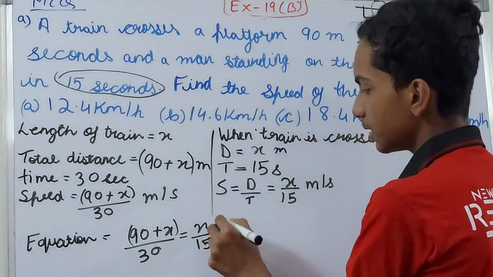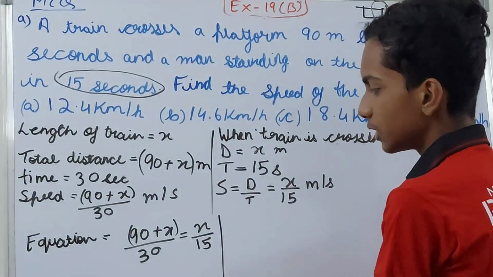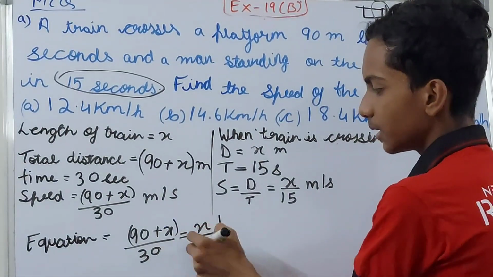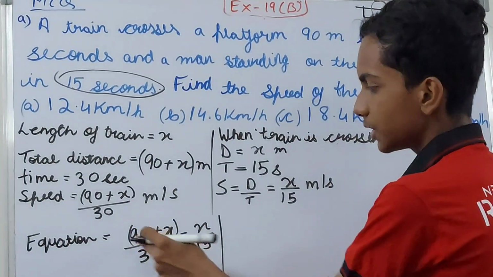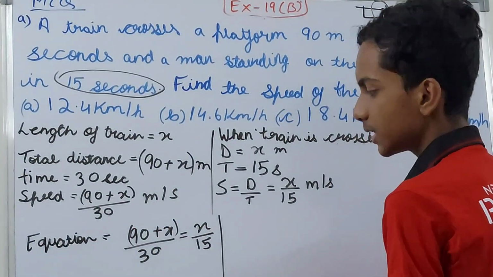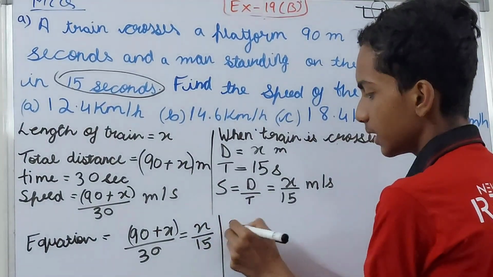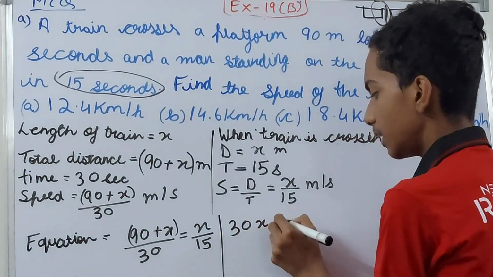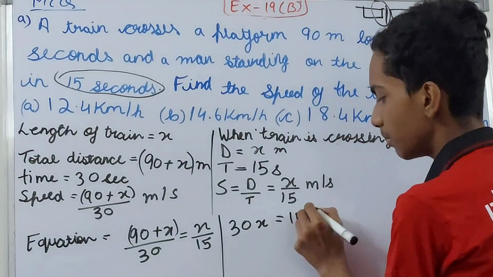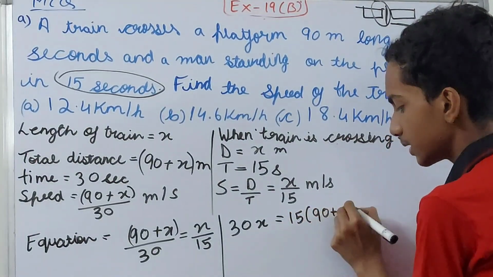Now we will solve this. So what will this give us? Let's see. This will give us 15 into 90 plus x on one side, and 30x on the other. So we get 30x equals 15 multiplied by 90 plus x, right?